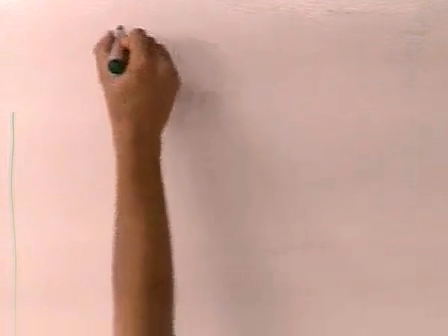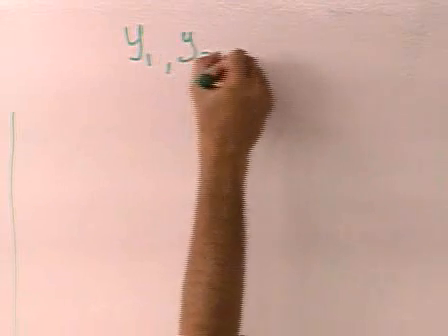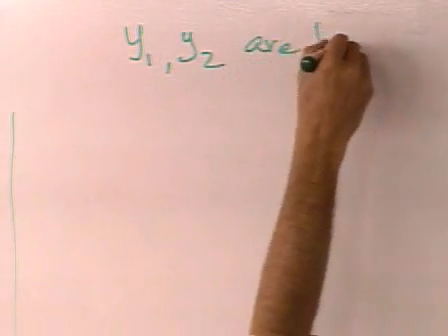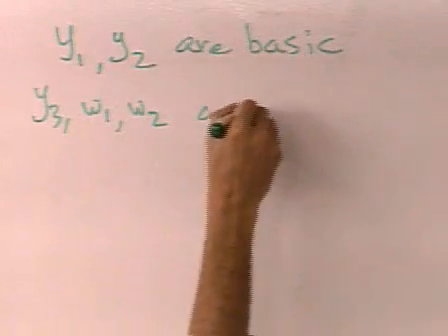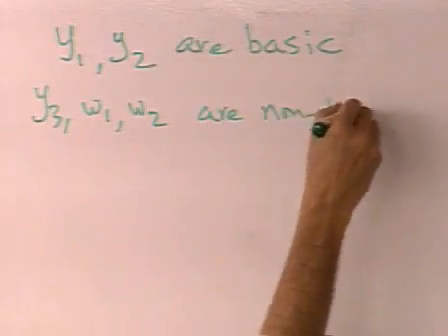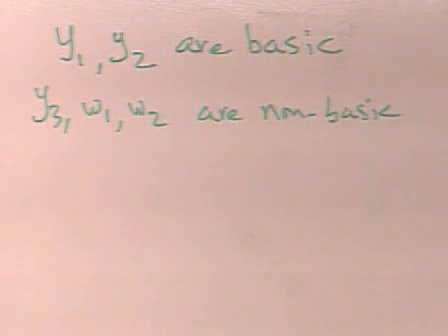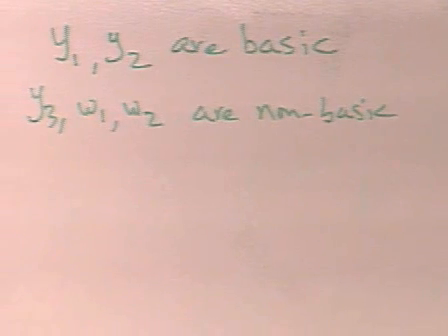So this is going to take about 5 minutes. We do this computation and then we pick up things in the next lecture. So Y1 and Y2 are basic. Y3, W1, W2 are non-basic. Let me put up a problem for you.